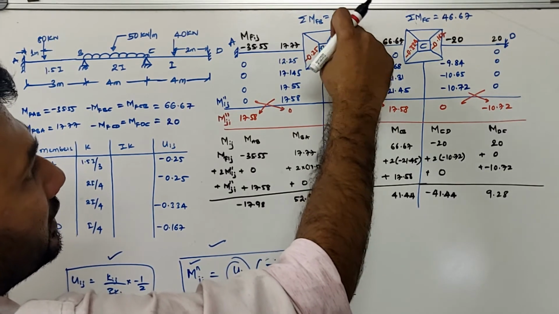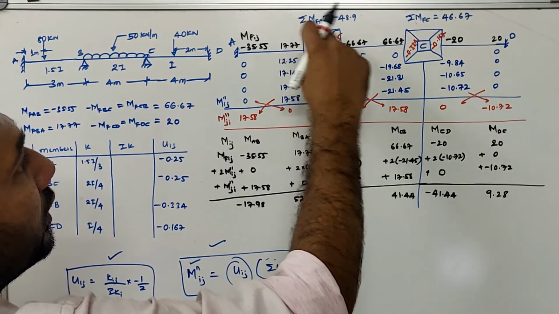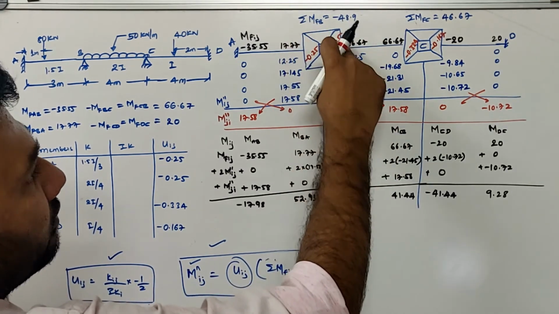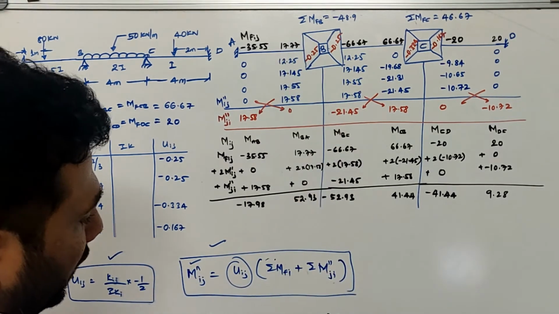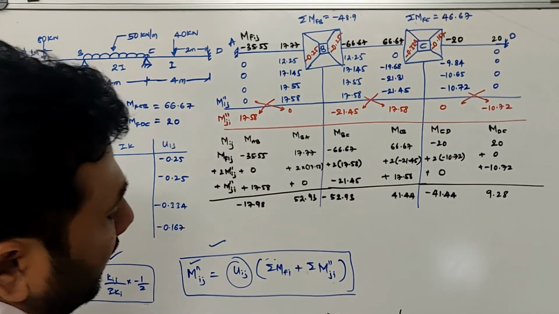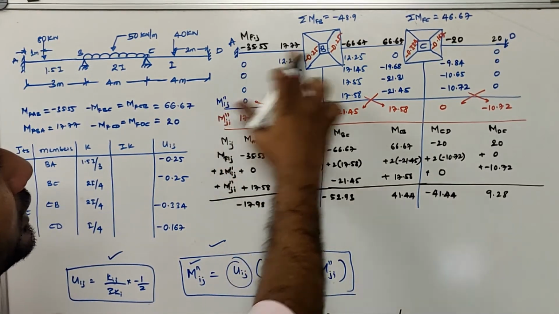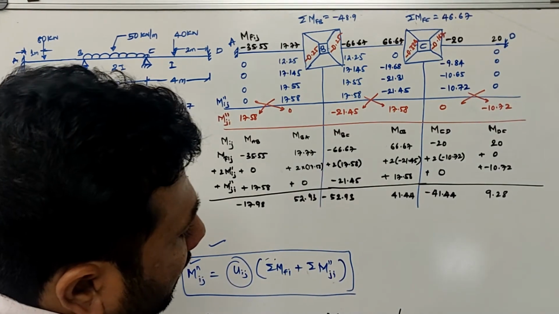Okay, so once you add the sum of all these three, you have to multiply with the respective rotation factor, which is minus 0.25, and you have to write over here. So here UBA, as we know, is minus 0.25 multiplied by M"JI. These two values are 0 itself, so I have to multiply it by minus 48.9.